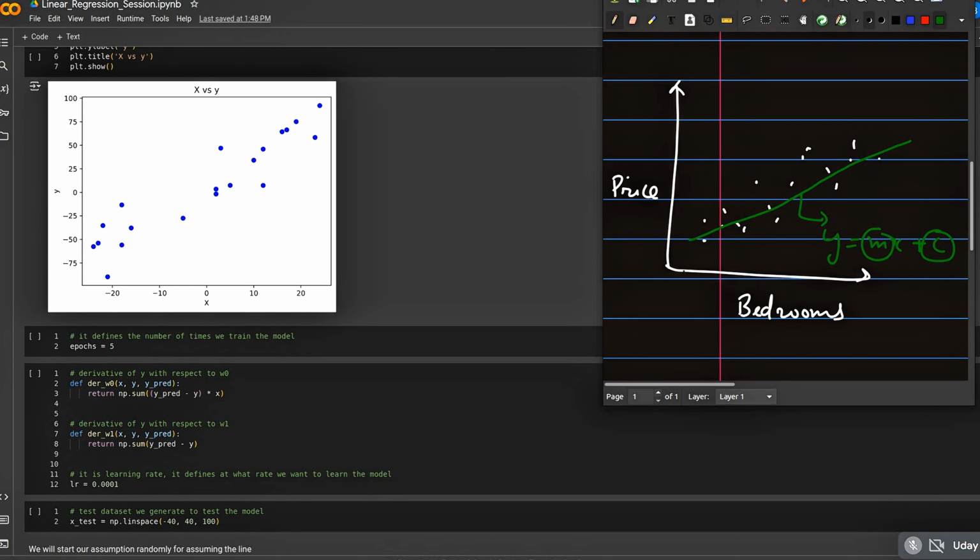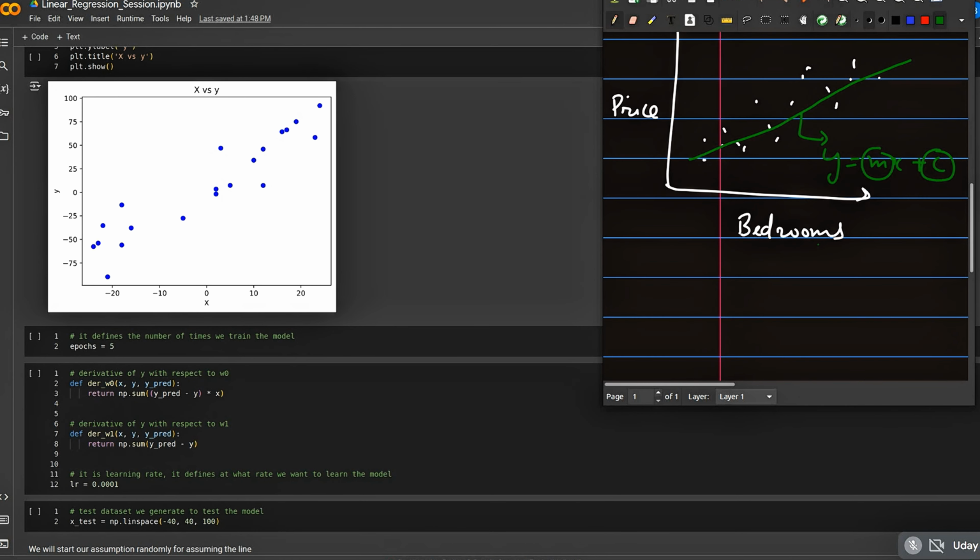So till now, we had the data, we plotted it, and we saw there is some linear dependence between these two features. Now we want some relation between them. We want m and c to define this relation, and the process of getting this relation is called linear regression.